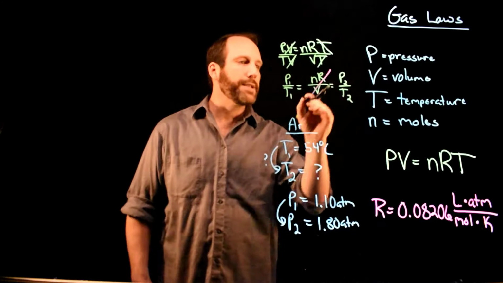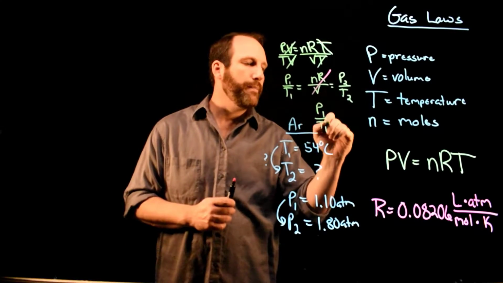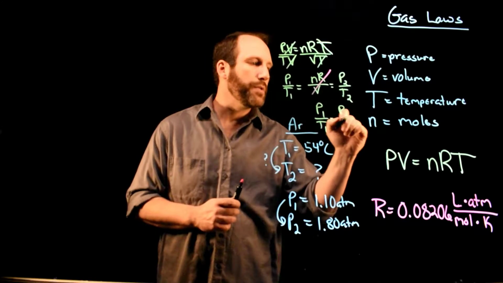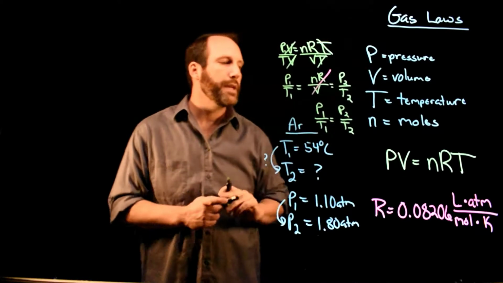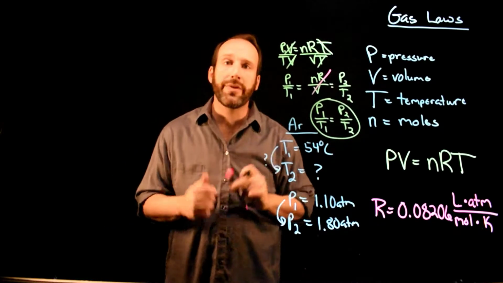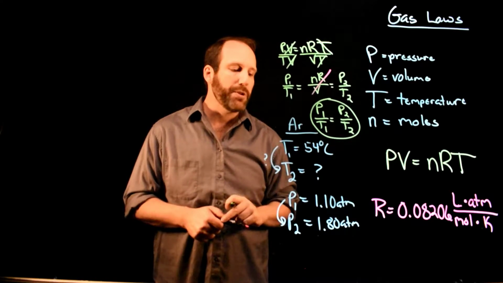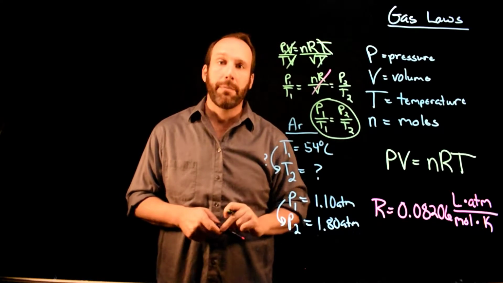We can cancel out the stuff in the middle and say that P1 over T1 is equal to P2 over T2. Okay? So this is the relationship that we want to use for this particular problem. We're going to find out what happens to temperature when we change pressure.